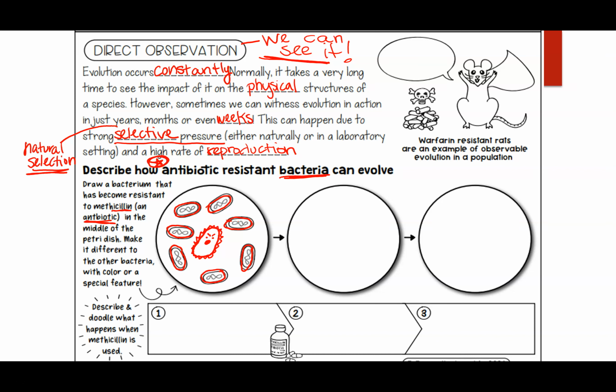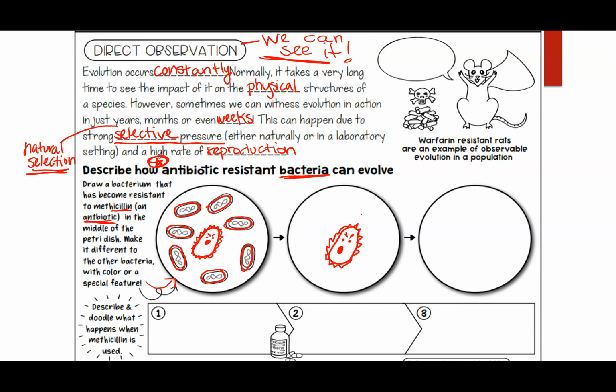So, if that happens, then they're going to put the methicillin into this petri dish, and which one's going to survive? This one. Your weird one. Okay, the one who's like, yeah, I survived. Okay, nobody else is left but him.